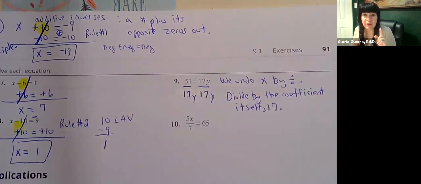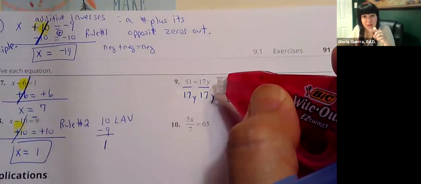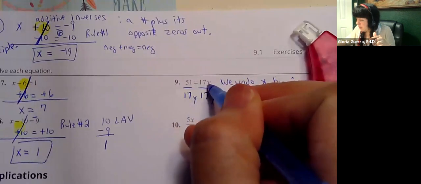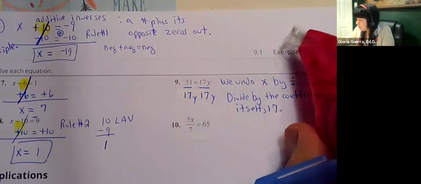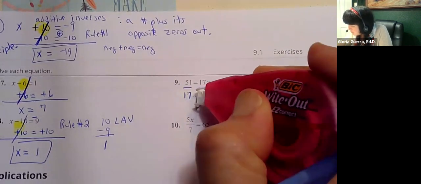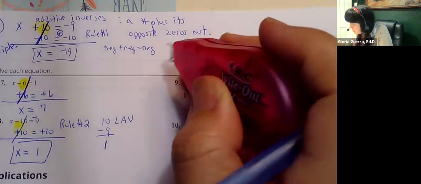I didn't say divide by the whole term, the coefficient and the variable. That's not correct algebraically either, because then this y cancels out. You don't want that to happen. You want to solve for y and you lose your y on that side. So don't do that. Just divide by 17, the coefficient itself.